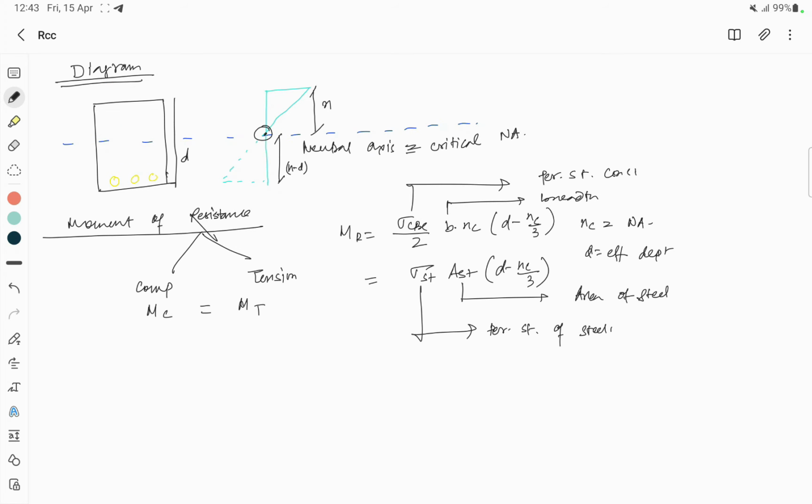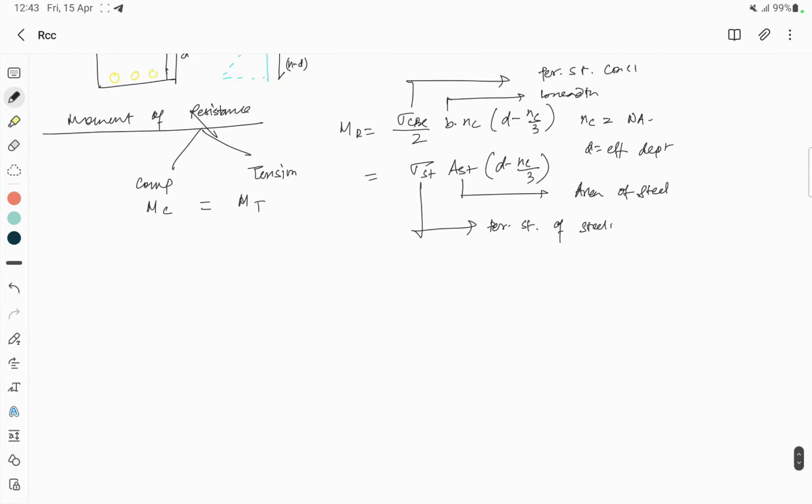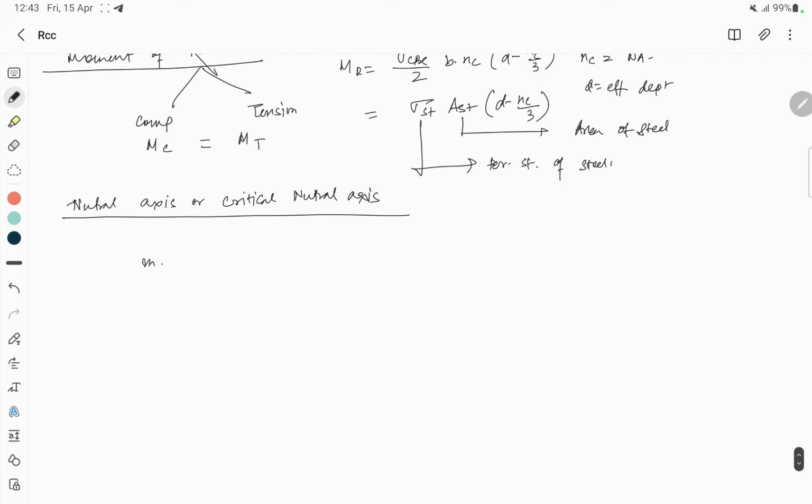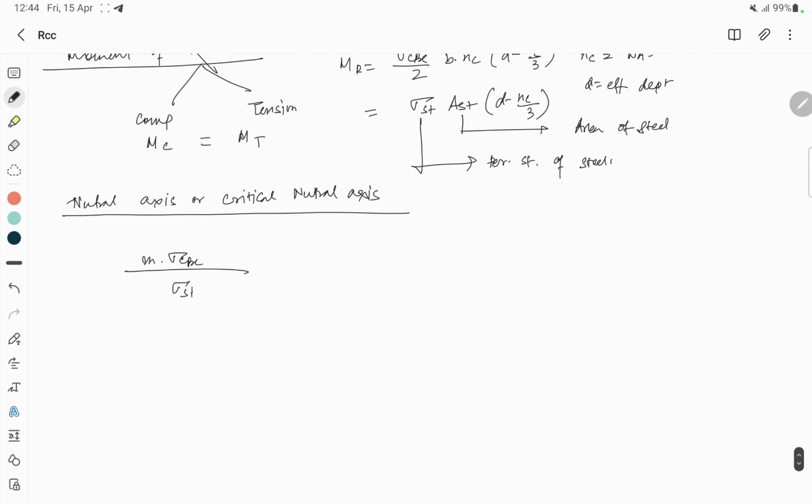Okay, fine. And how do you find the critical neutral axis? Neutral axis or critical neutral axis. So m sigma cbc divided by sigma st equal to nc by (d minus nc).